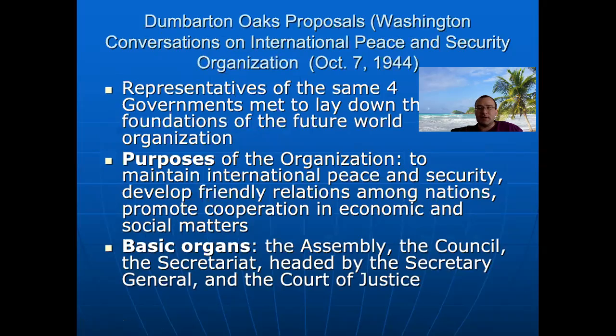The next thing happened, again a year later: the Dumbarton Oaks proposals. The most important thing about this conference was that in 44, they established the basic structure of the United Nations, which exists today: General Assembly, Security Council, Secretariat, and Court of Justice.